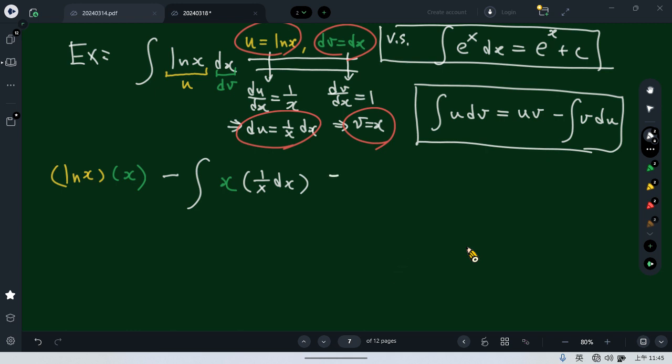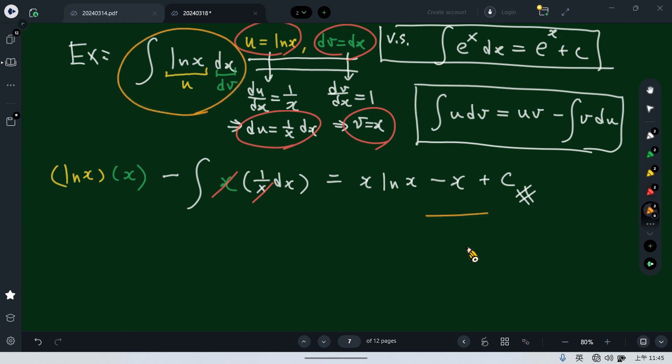Then finally we will get x times ln x minus x, because here we can cancel it, then plus c. This is your final result. So finally, you can also memorize that this integration will be this one.